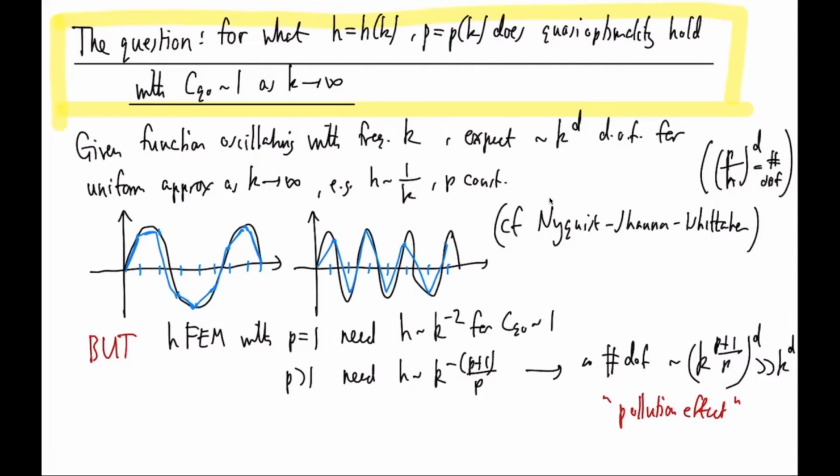I guess my question is, the fact that it's space squared instead of k, is that a global effect of the pollution thing in the problem, right? So you can indeed think of it as this build up of the dispersion error.